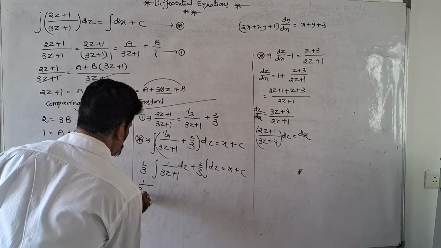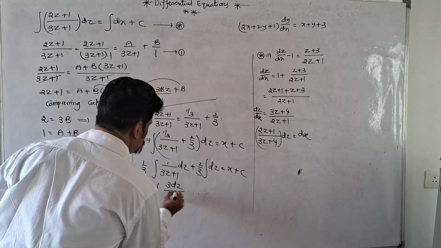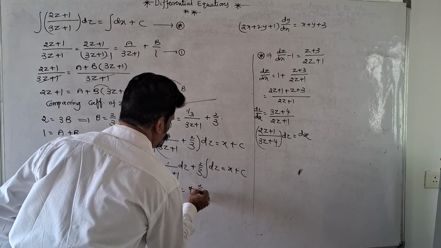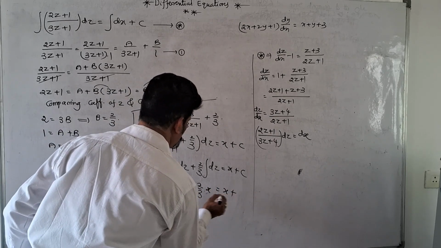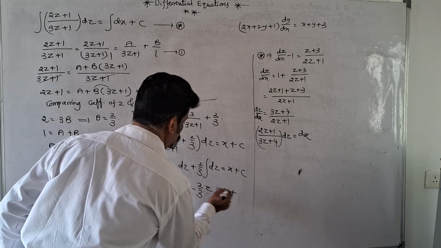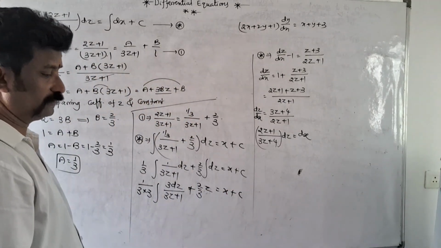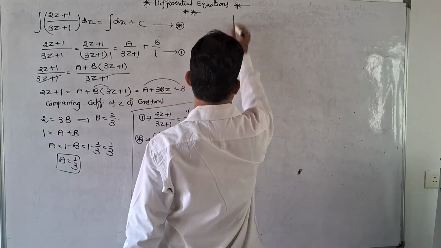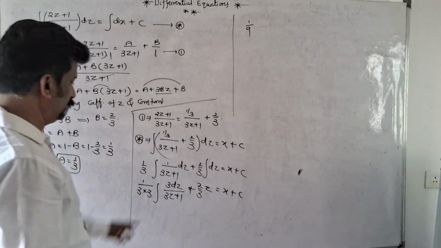So 1/(3 into 3) integration of 3 dz by (3z + 1) plus 2/3 into z is equal to x + c. Now this one is 1/9.